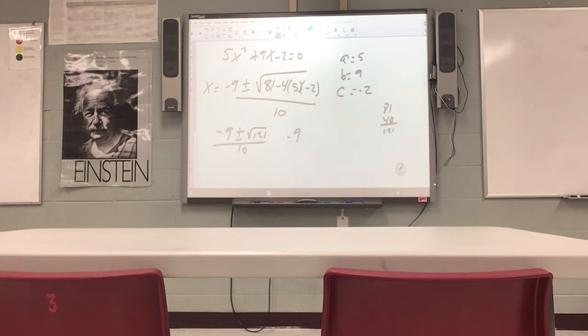So I've got to do -9 plus 11 and divide it by 10, and -9 minus 11 and divide it by 10. -9 plus 11 is 2. 2 divided by 10 is 1/5. -9 minus 11 is -20, and -20 divided by 10 is -2, which was B.